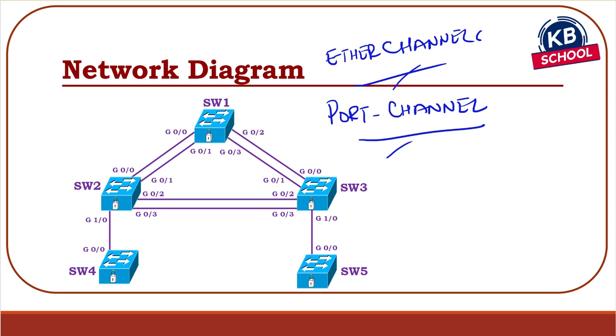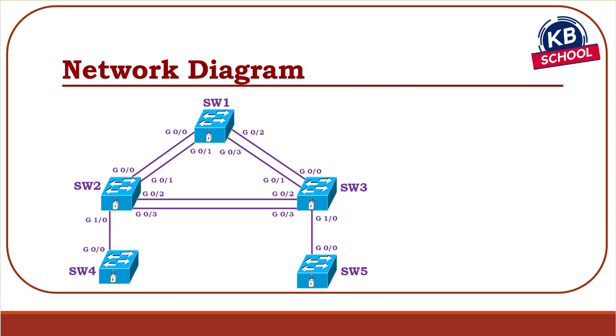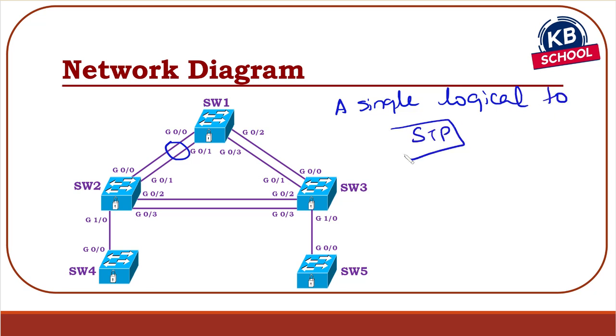What is a port channel? It allows you the ability to aggregate the two interfaces as if they're one single logical interface. All right, by doing that, it will present those two physical interfaces as a single logical interface to STP. So STP will not see it as two interfaces, it'll see it as one.